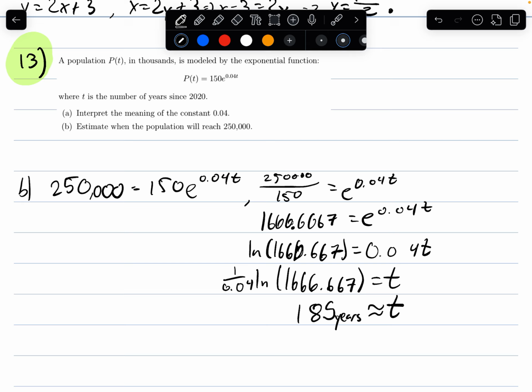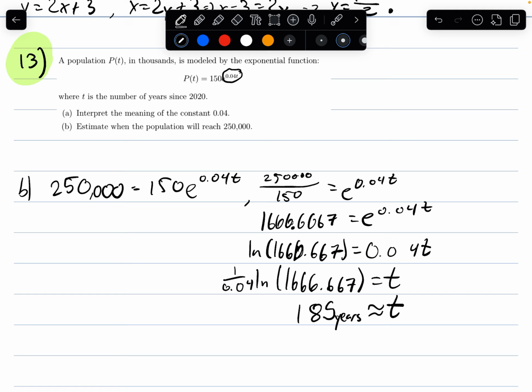For part a, they're saying, okay, what does the 0.04 kind of mean? What is the interpretation? So if t tells you how many years have passed, right, if t equals 1, one year passed, t equals 2, two years passed, and so on. In theory, every year the population gets multiplied by e, essentially, because e is my growth rate.